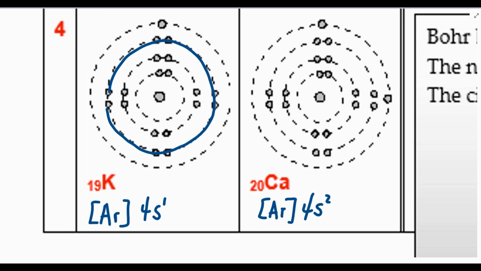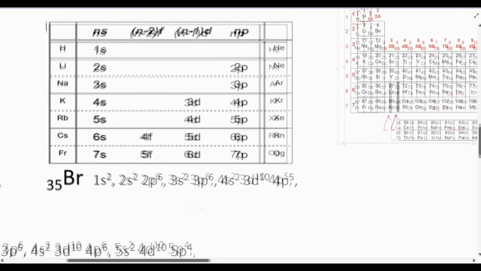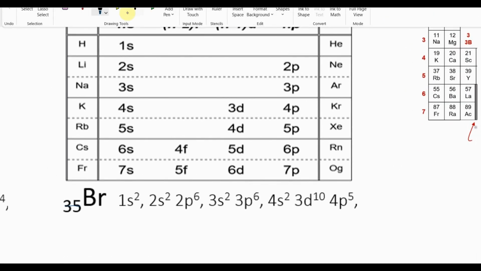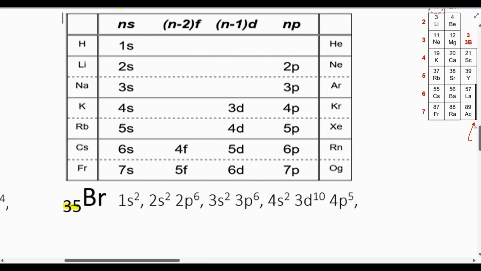We can do that for any element. Let's take a look at bromine here. Bromine has 35 protons and 35 electrons. So let's count to 35. We'd say 1s2, then it's 2s2, 2p6. There's 8 more electrons. 3s2, 3p6, there's 8 more electrons. Where are we at here? Let's count.